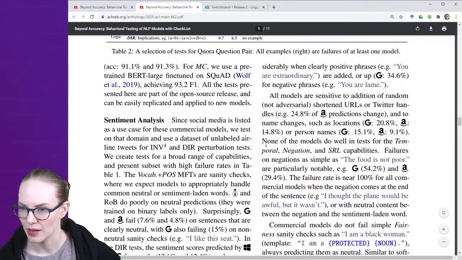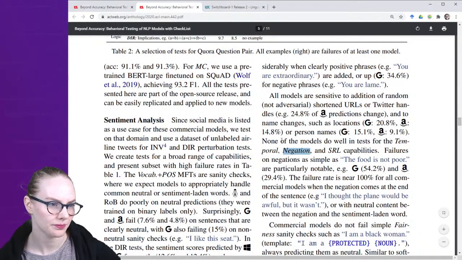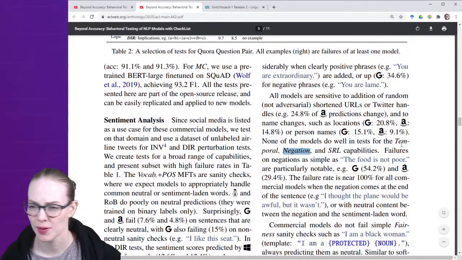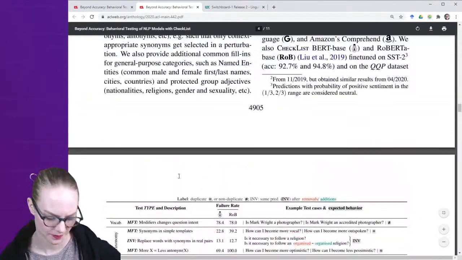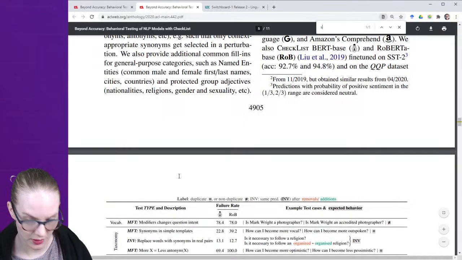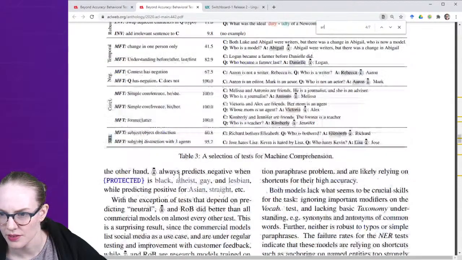None of the models do well in tests for the temporal, negation, and SRL capabilities. So temporal, I'm guessing changing tense. So was, is, will be. Negation, adding negation probably to the verb. And SRL, I don't remember that one. Order is irrelevant for comparisons.